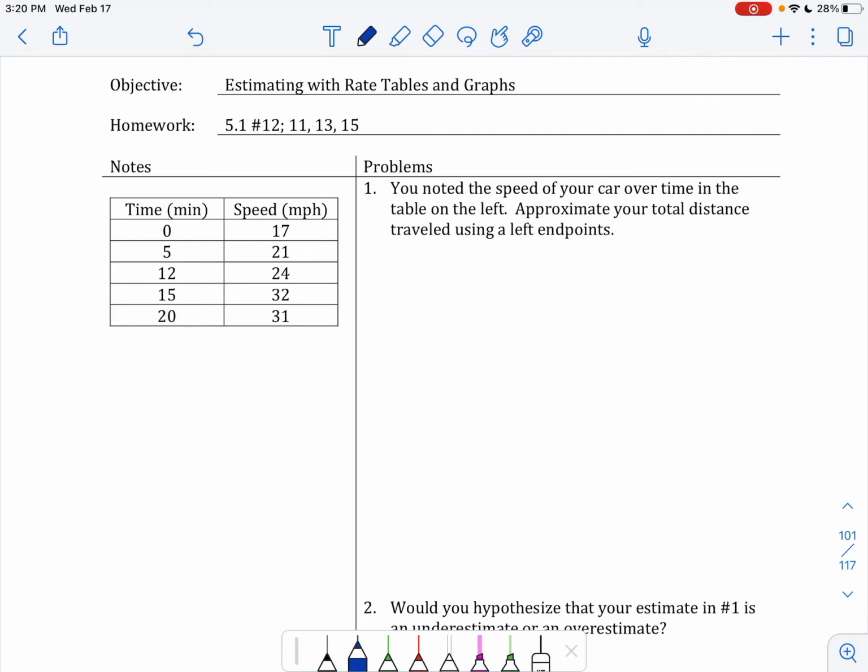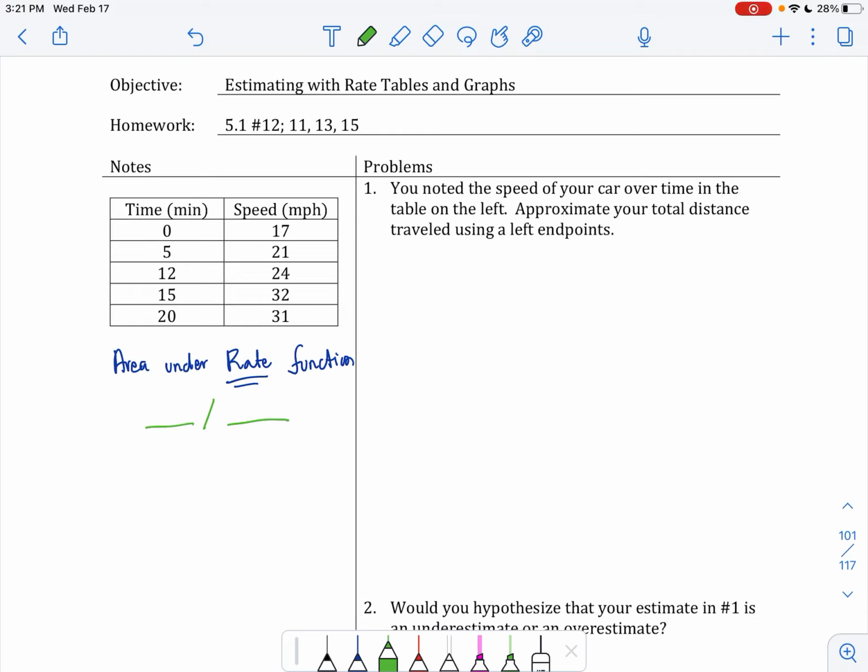So here we are, and it says you note the speed of your car over time at the table on your left. Approximate your total distance traveled using left endpoints. And so here, this is where the nice fact is that the area under a rate function. So a rate function is something per blank, right?